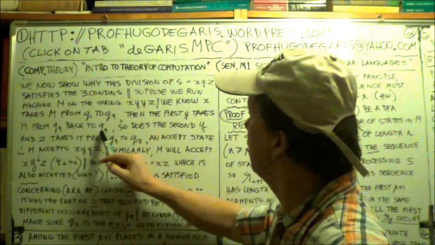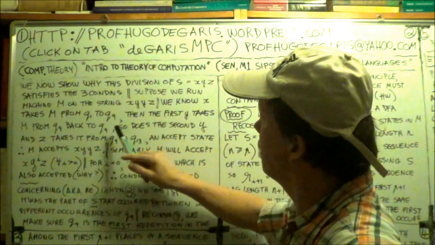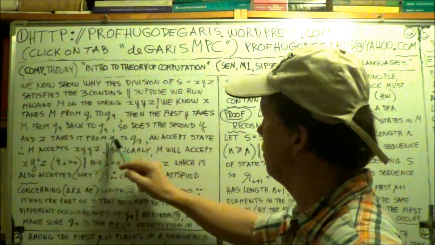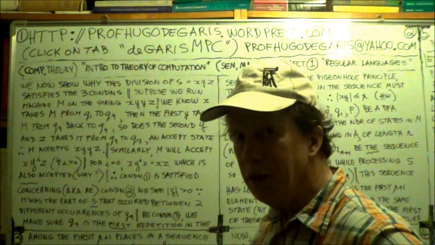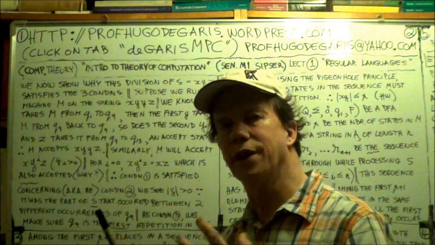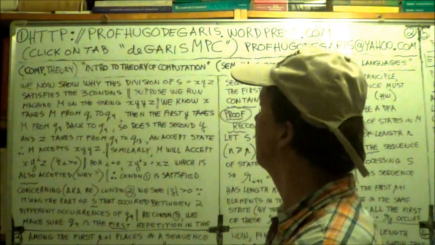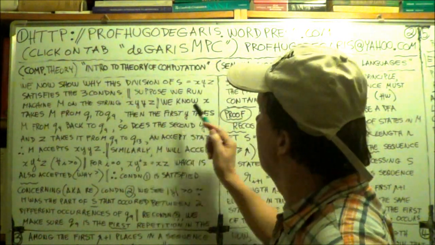Okay, so you're now at the last symbol of Y, and then you read the symbols in Z, and you'll end up in Q13 again. I hope you follow that logic, because it's sort of the heart of the proof. If not, rewind.